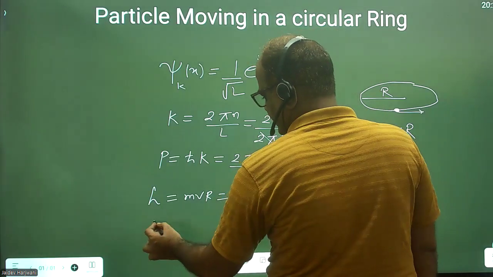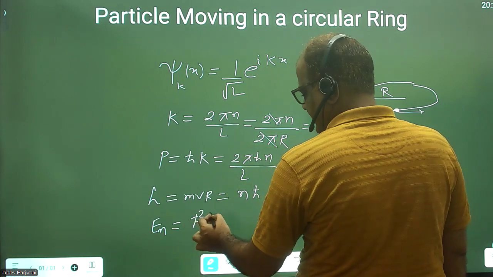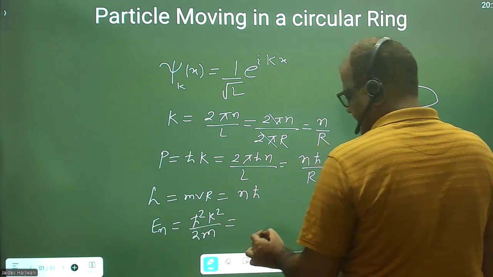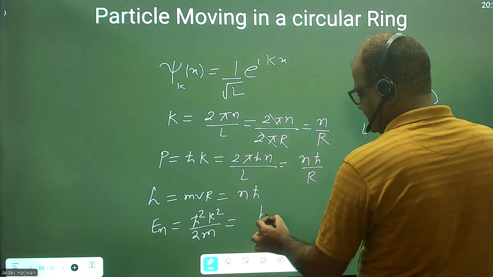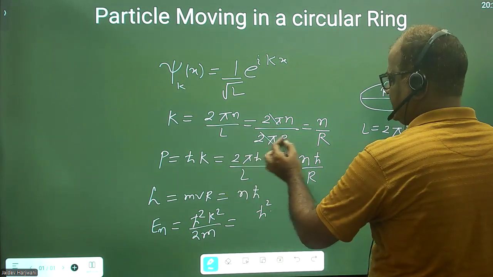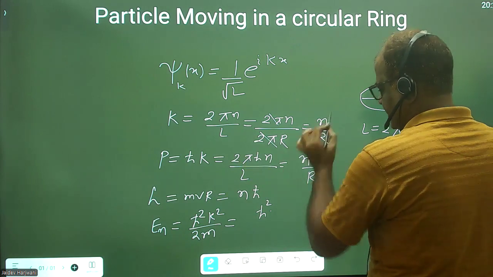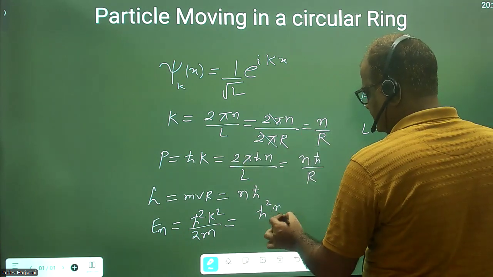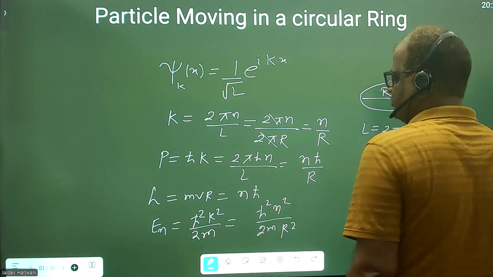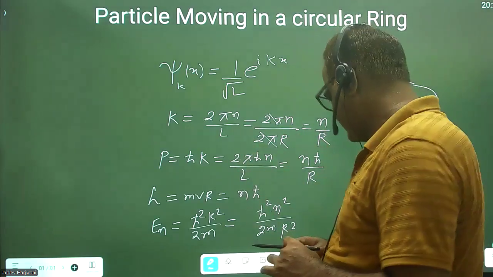The energy En can be written as h cut square k square upon 2m, which in terms of r becomes n square h cut square upon 2m r square. So these values are quantized. This is the one thing.